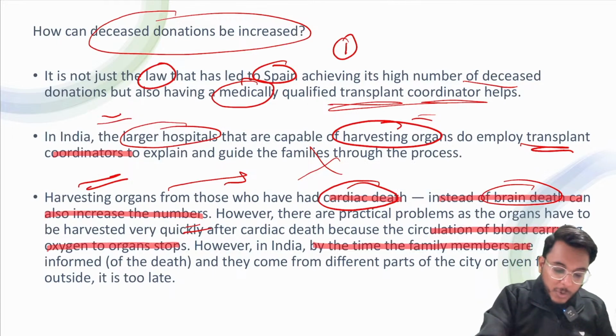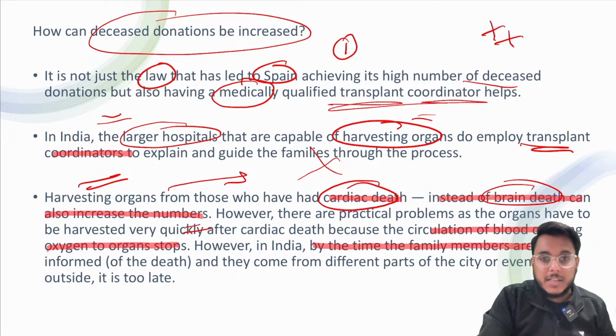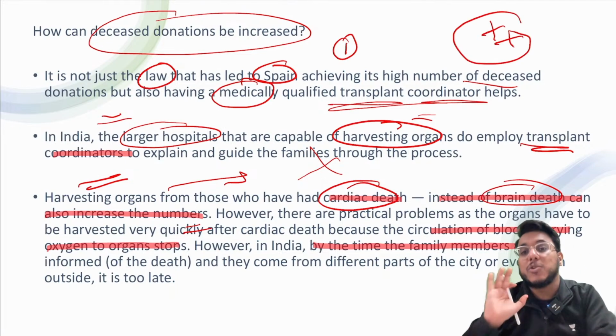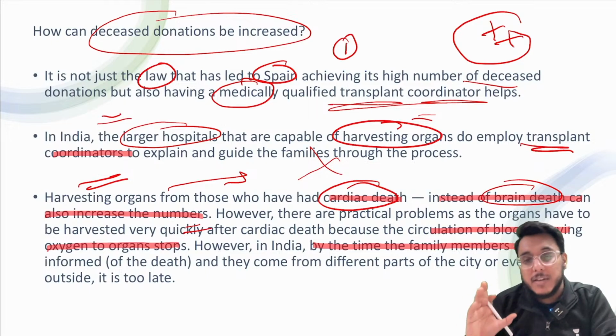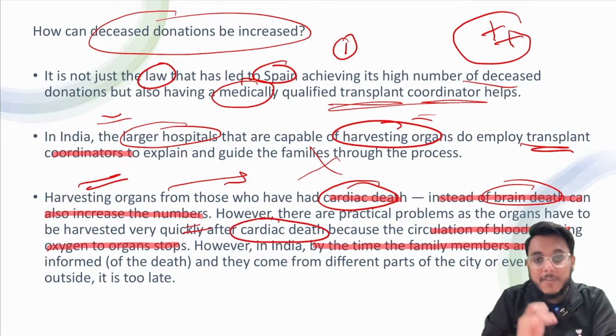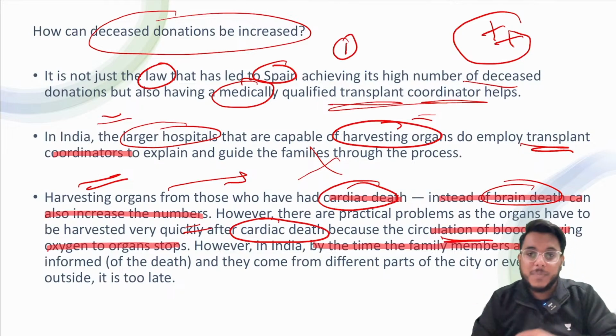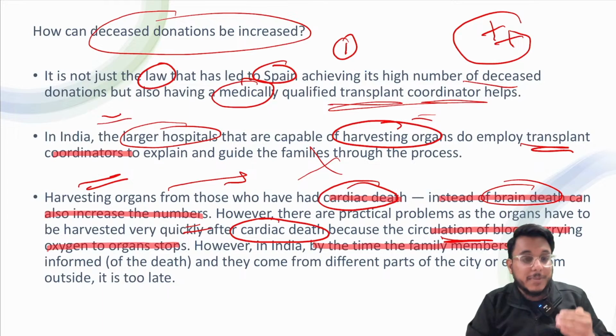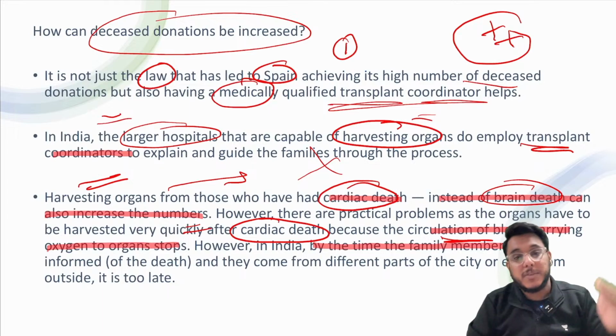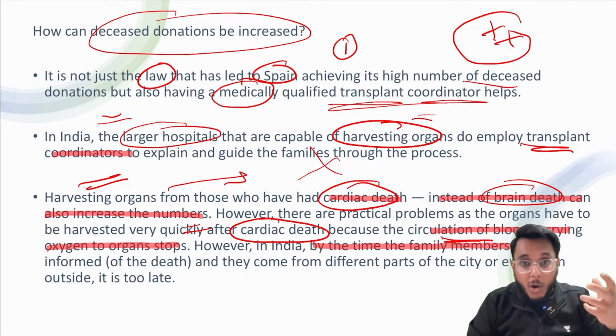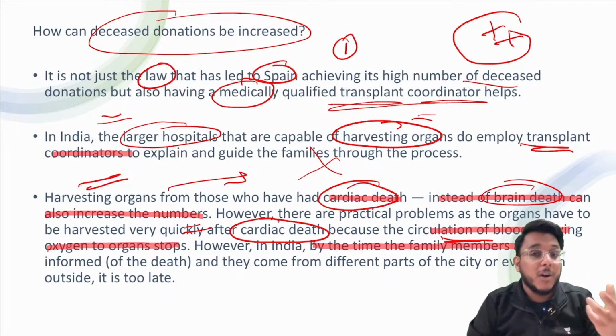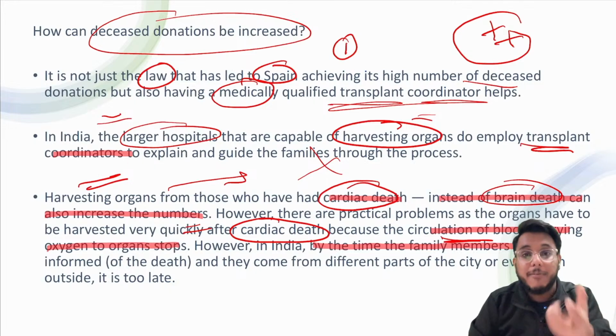When a person has faced heart failure, we should also retrieve the organs. But there is one practical problem in this direction. What happens when a person has suffered cardiac death? The blood circulation stops, and when it stops, the oxygen supply to the organs stops, the organs die, and they will not be suitable for transplant.